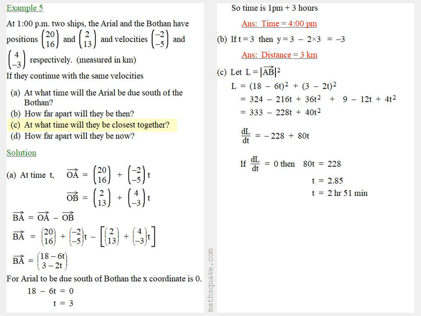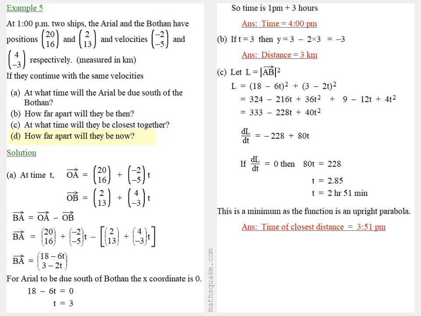So we have a stationary point after 2 hours 51 minutes. But this will be a minimum, as the function L is an upright parabola, and therefore the turning point is the lowest point. So the time they're closest together is after 2 hours 51 minutes, which means the time they're closest together is 3:51 p.m.